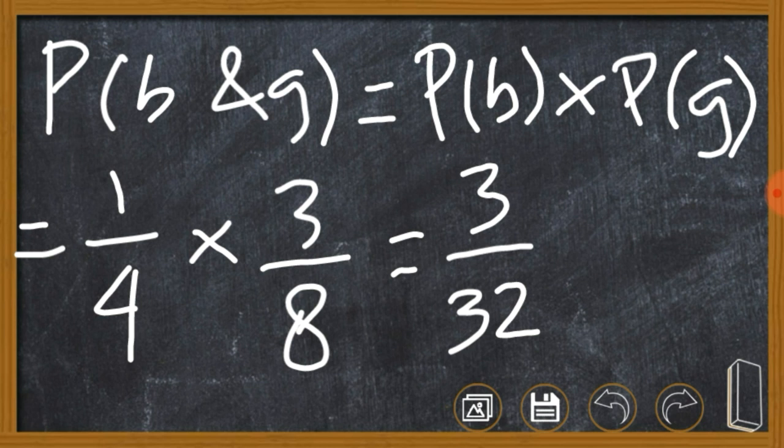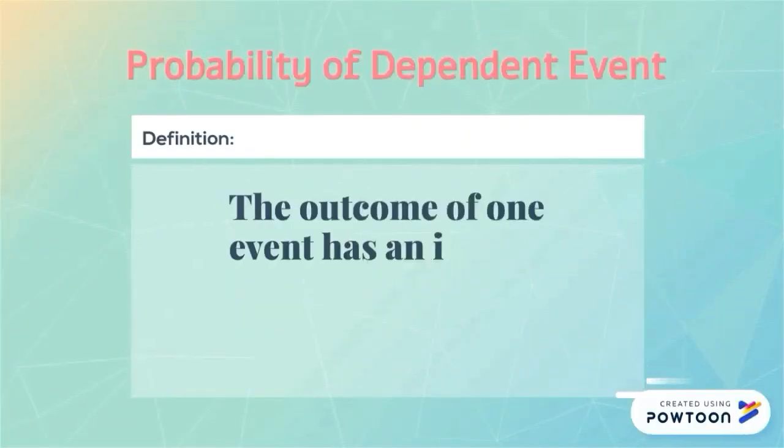The probability of blue and green is 3/32.